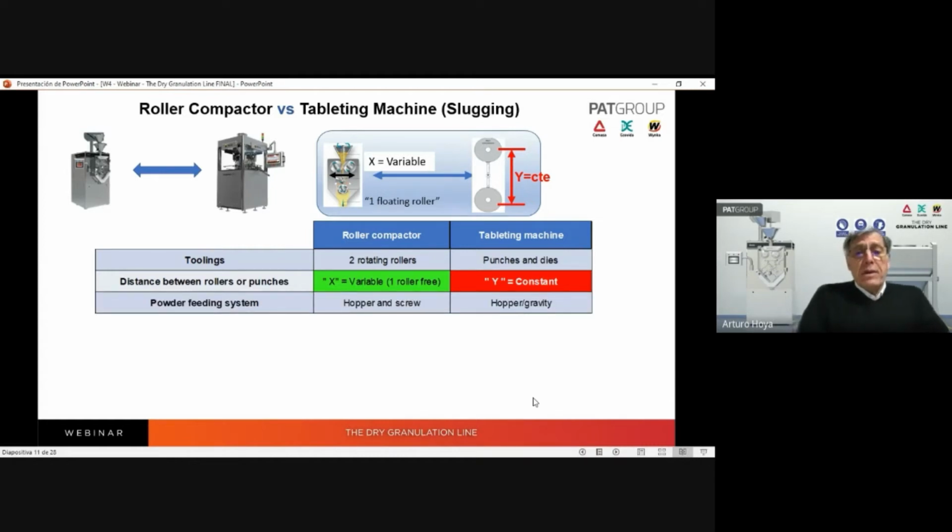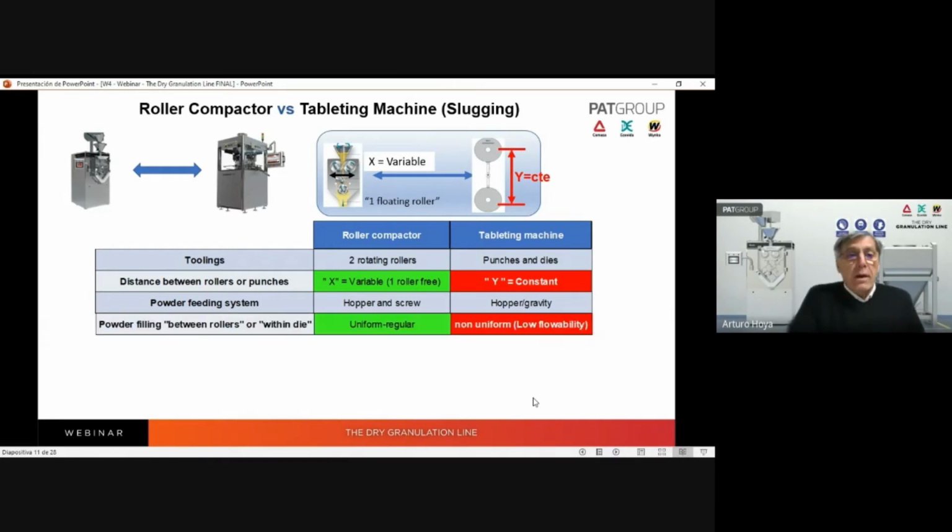The other difference is the powder feeding system. In the case of roller compactor, a hopper has a screw that feeds in a constant way to the zone of compaction. In the case of the tablet machine, you have only the hopper and gravity, no more.